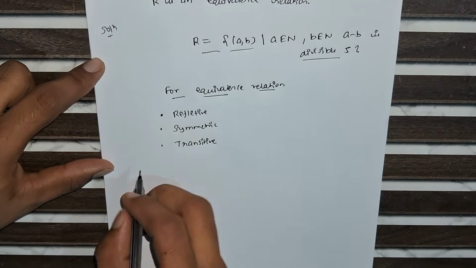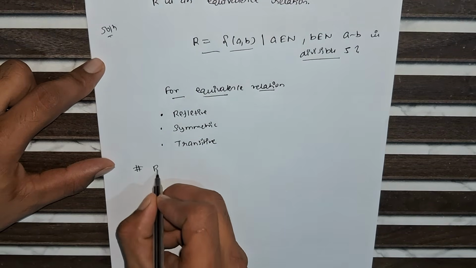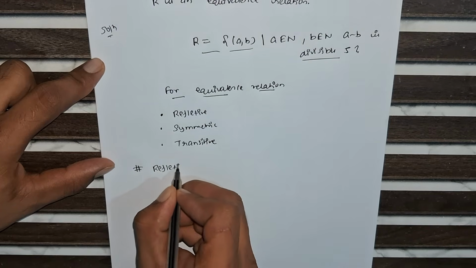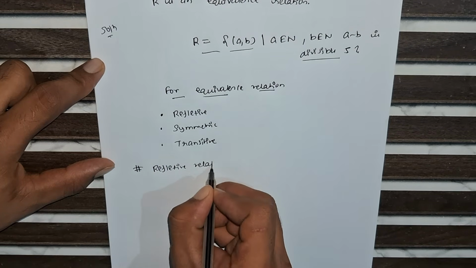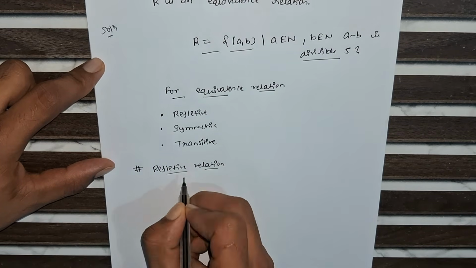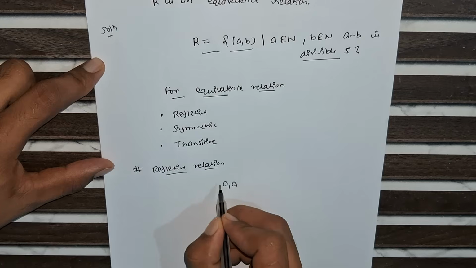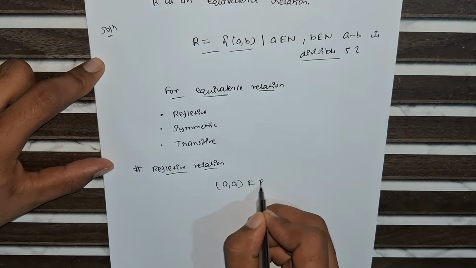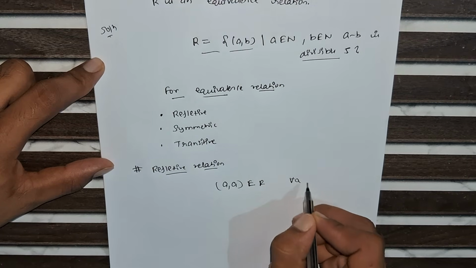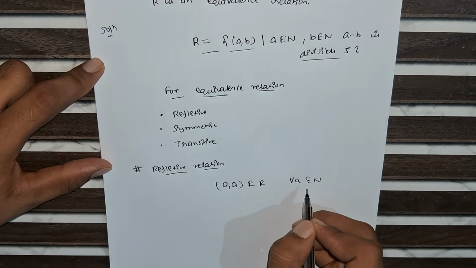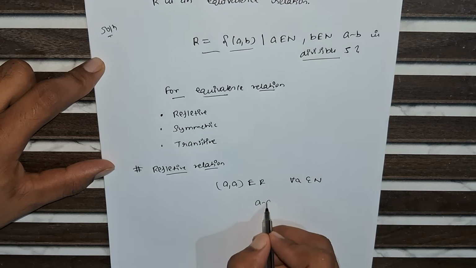So now first one is the reflexive relation. A relation is called reflexive if (a, a) belongs to R for all a belonging to the natural numbers. It means a minus a equals 0.